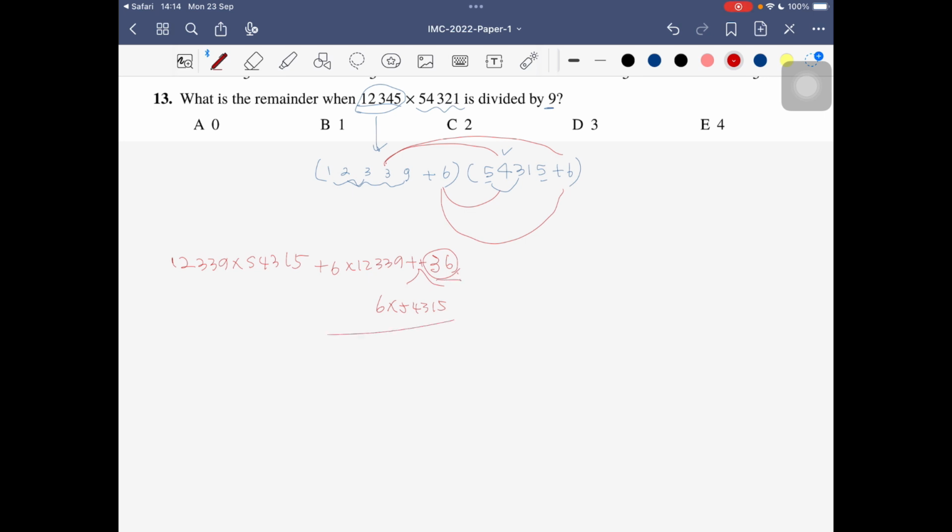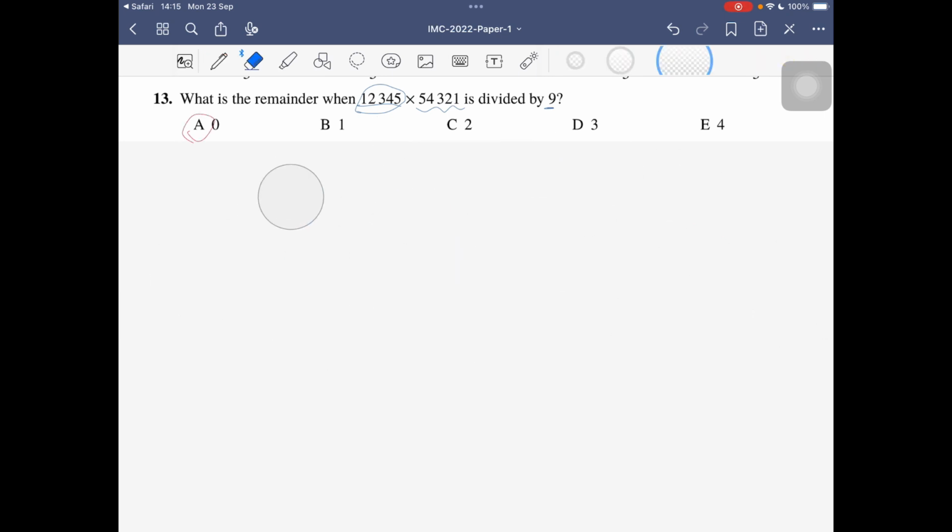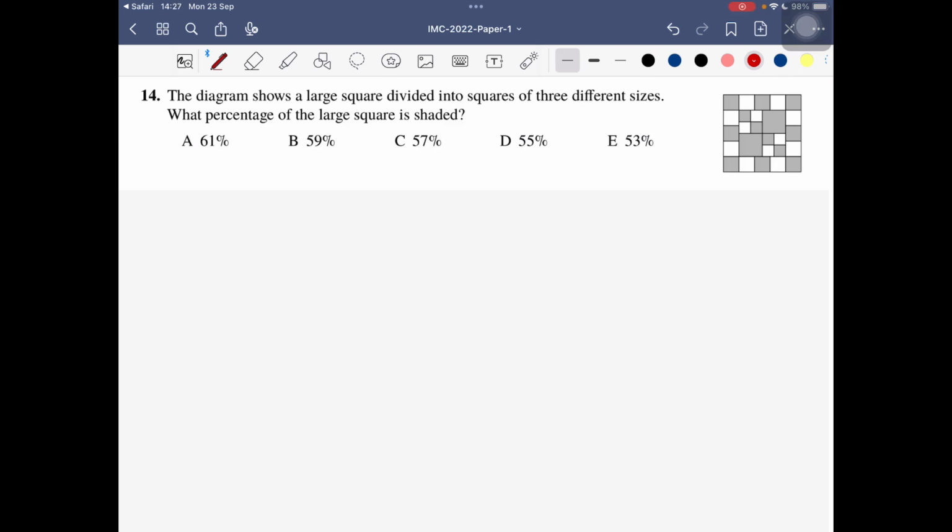So these whole numbers, the sum of multiples of 9, is a multiple of 9. Let's say 81 plus 18, we can factorize with 9 like this. So this whole number is a multiple of 9. Now this is all a multiple of 9, so the remainder is 0. So number 14 is the percentage of the shaded area.